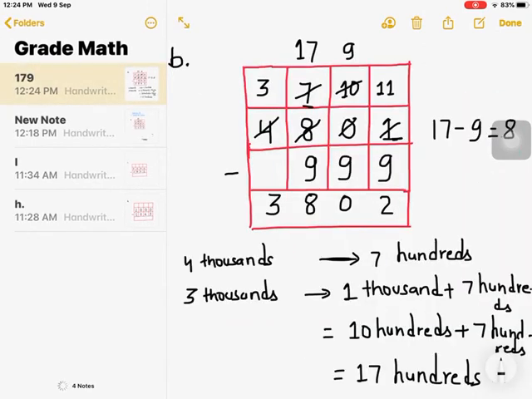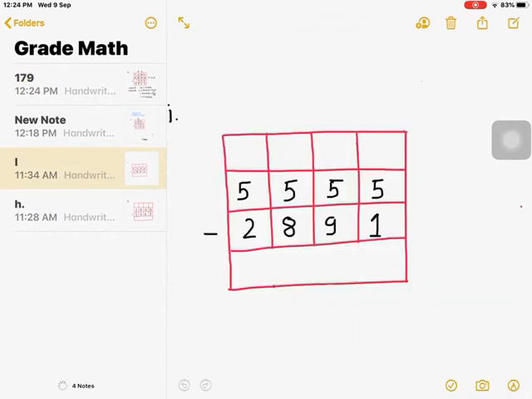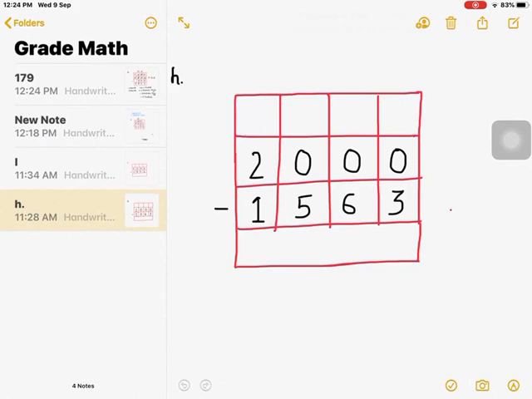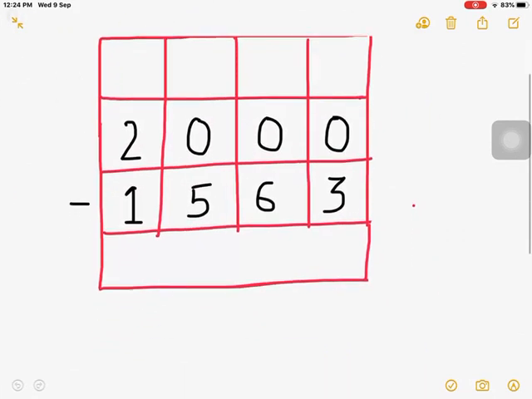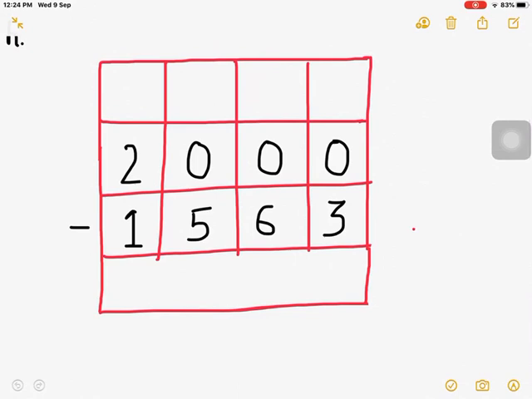Now let us go to another question, that is question number H. Yes. Now I think there is no need to say the place value names again, isn't it?